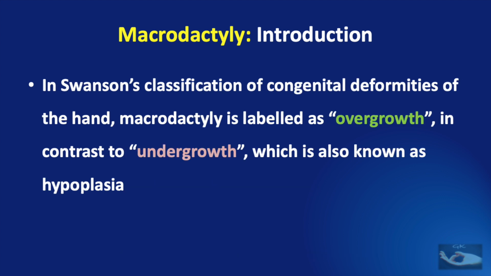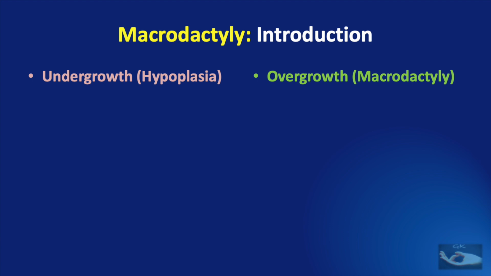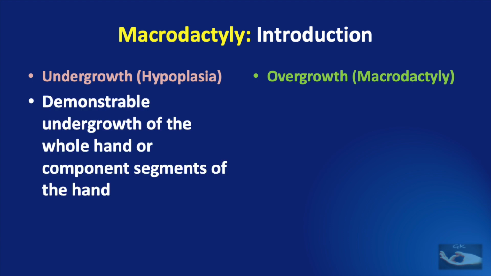In Swanson's classification of congenital deformities of the hand, macrodactyly is labeled as overgrowth, in contrast to undergrowth, which is also known as hypoplasia. But when we compare undergrowth or hypoplasia with overgrowth or macrodactyly, in hypoplasia there is demonstrable undergrowth of the whole hand or the component segments of the hand.